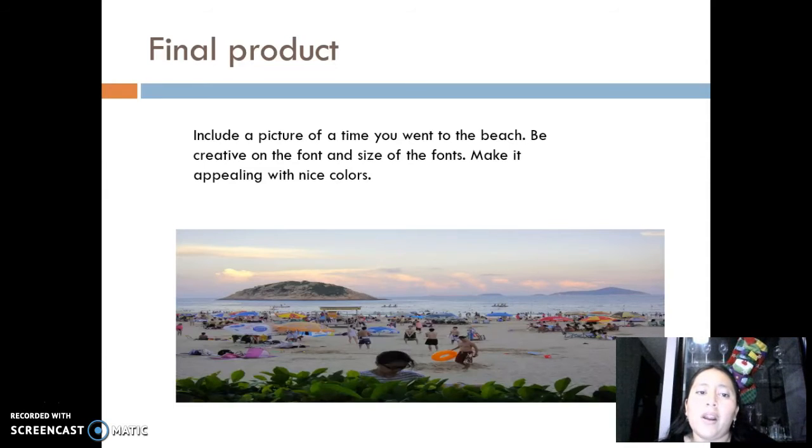After you have the 5 paragraphs, remember that you need to answer the questions that you need to check in order to make sure that the writing is edited. And in the final product, remember to include a time on the beach when you were at the beach.